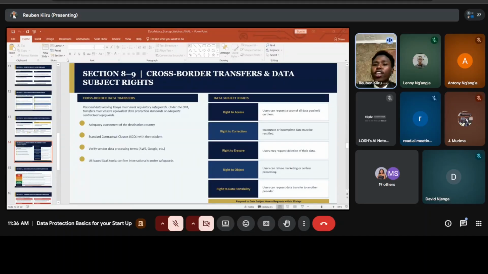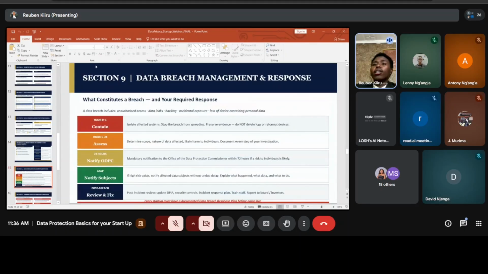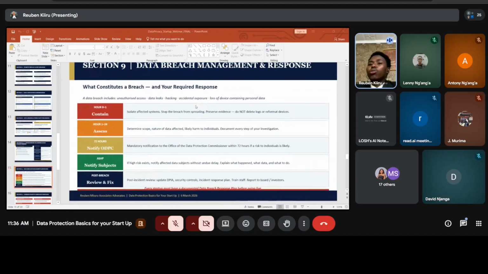There are various things that you also need to address regarding the security of your data, being data breaches and how you manage a data breach. So when it happens that data has been breached within your organization, whether there is a hack, a data leak, accidental exposure, or you've lost devices, you need to do a few things in order to protect the data that you have.